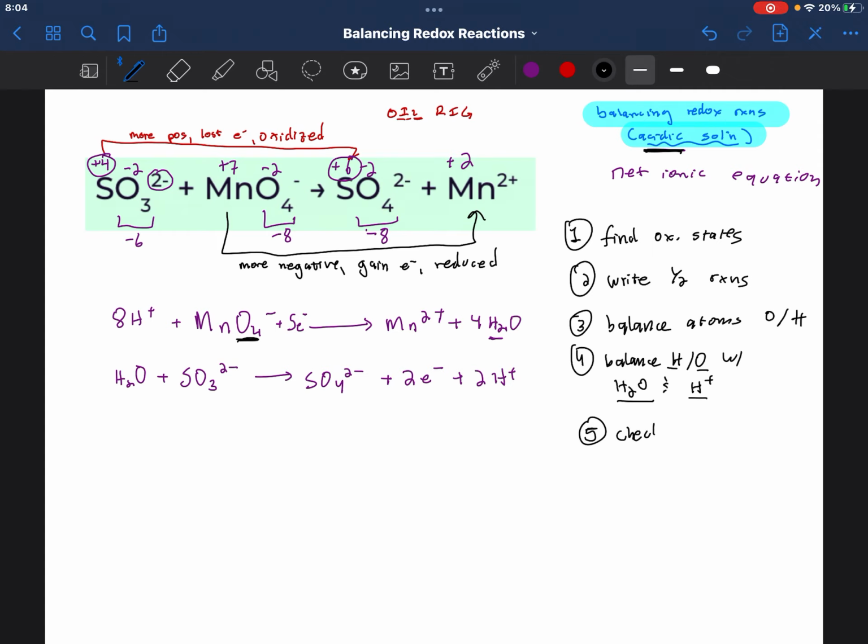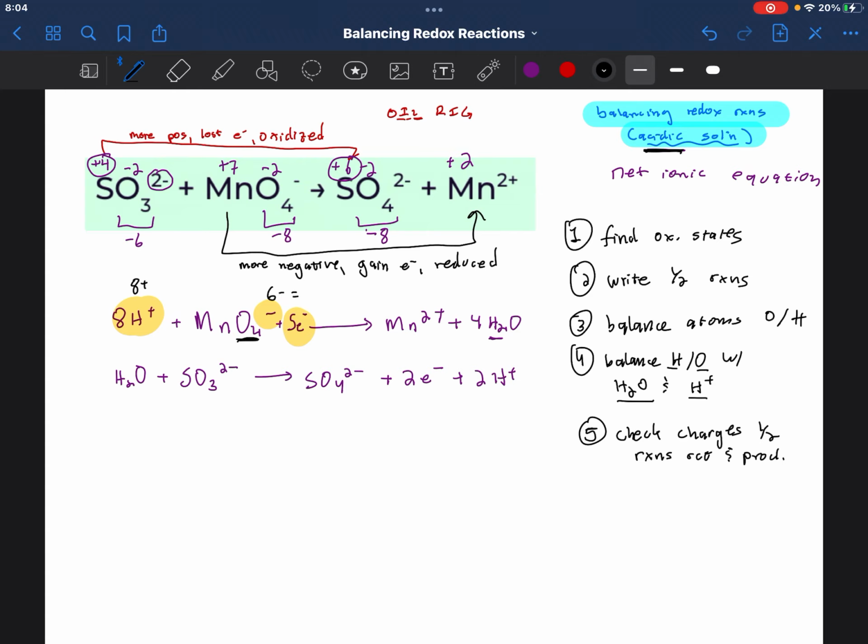But the next thing I need to do is check the charges in my half reactions, in the reactants and products. And I need to make sure that they're equal to each other. What do I mean by that? Well, I have 8 H+, so the charge there is 8+, and minus 5, so in total I have 6 negative things.